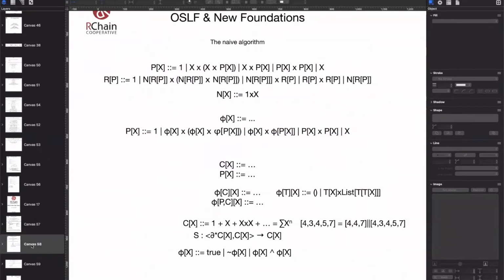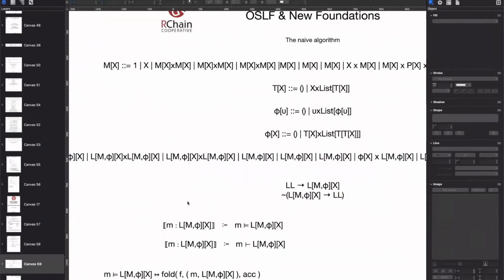And then now what we want to do is give an interpretation of what it means for a term to be typed as a member of this type structure.